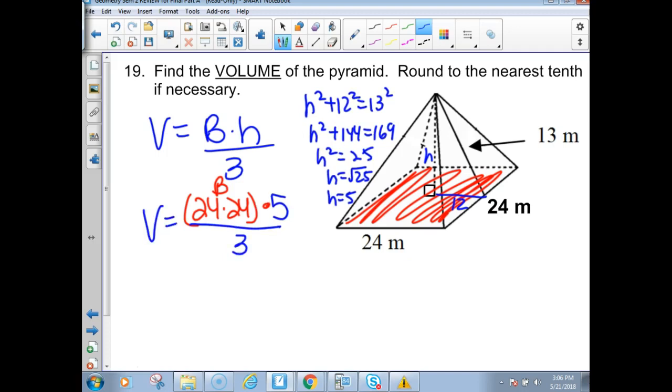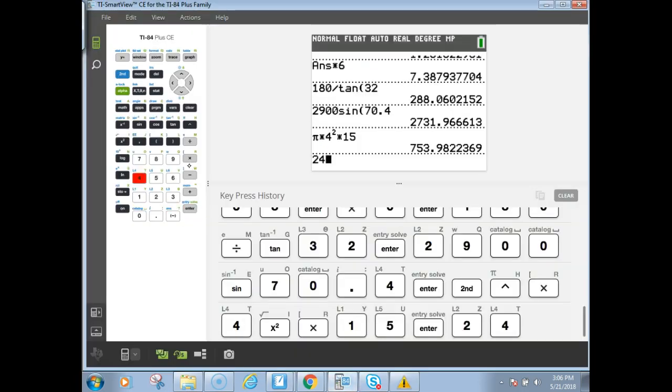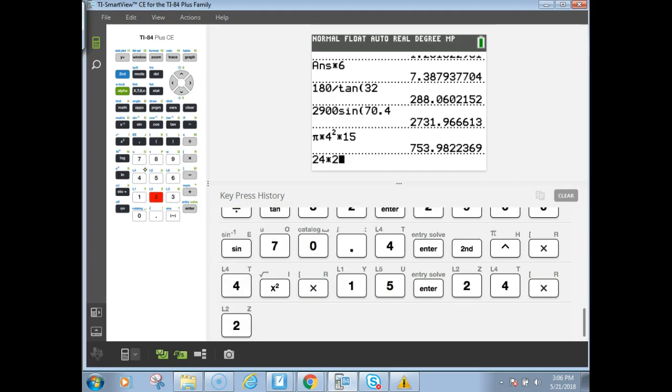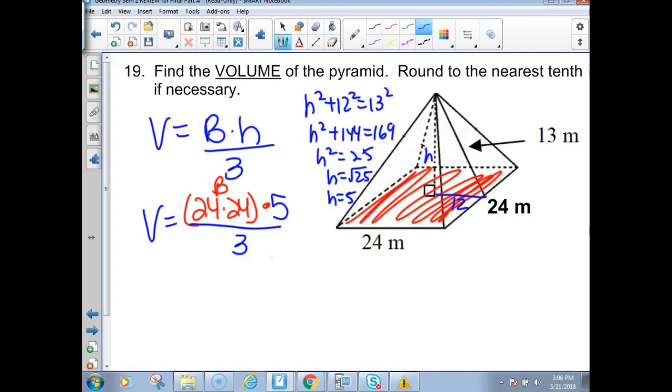So we need to do 24 times 24 times 5 divided by 3. Okay, we got 960, and that would be in cubic meters.